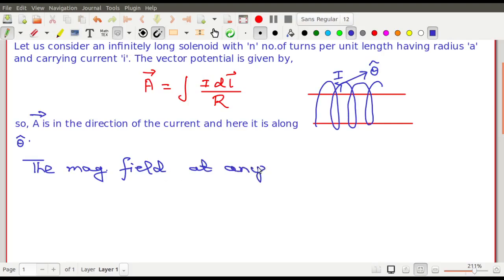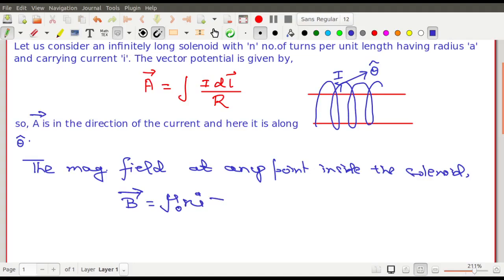The magnetic field at any point inside the solenoid, what will it be? It will be given by B vector equals, you know the expression from your previous classes, mu 0 n i into z cap.